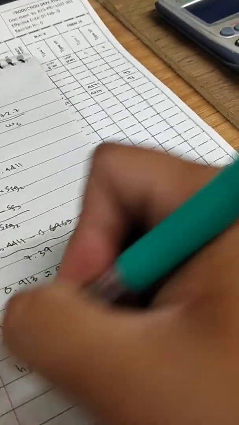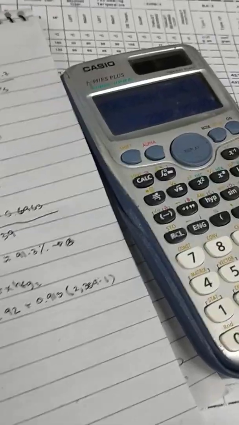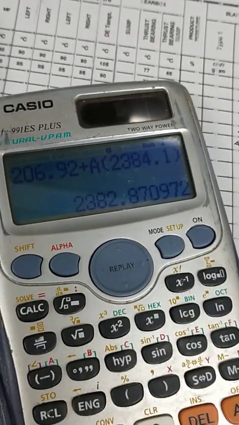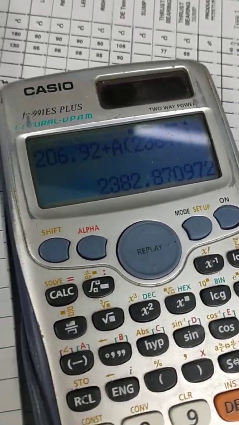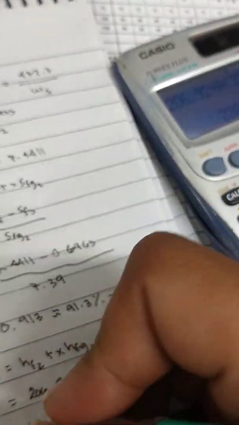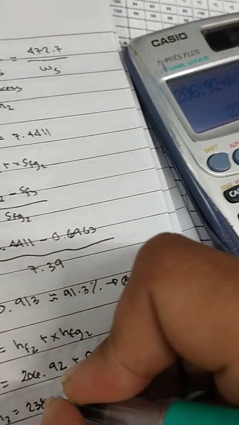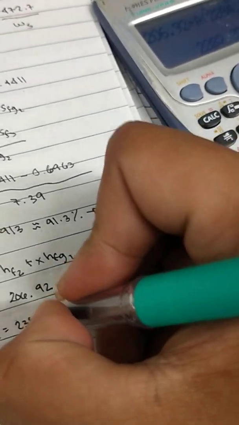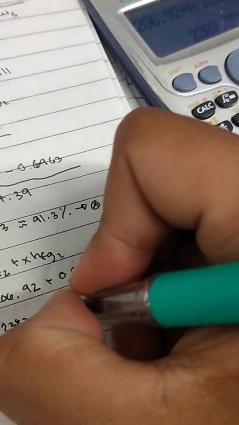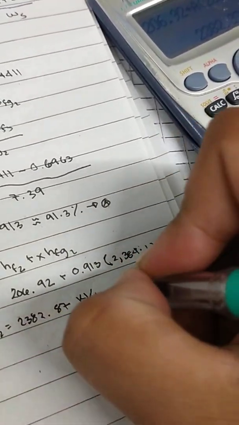So H2 is just equal to 2382.87 kilojoules per kilogram. Store your answer at B. Shift store B. So now we have H2.